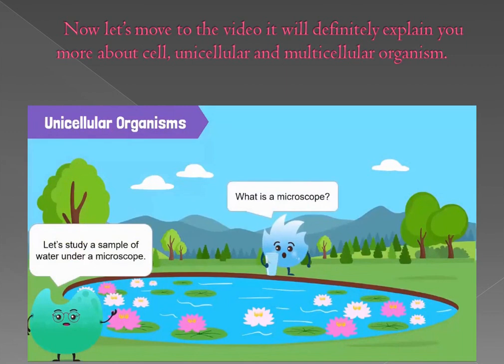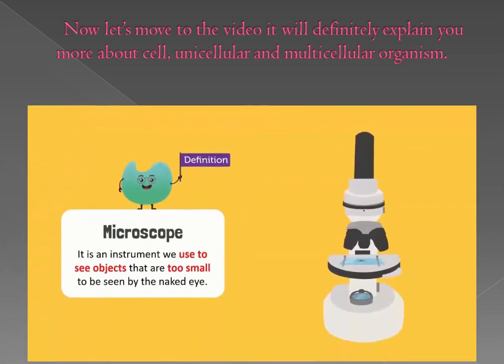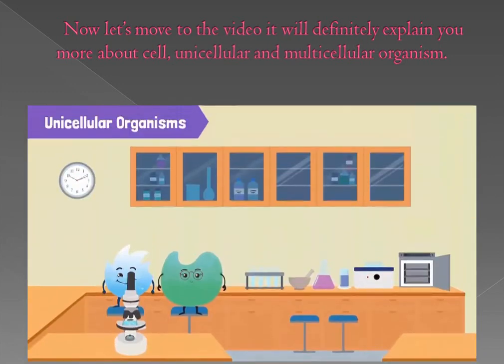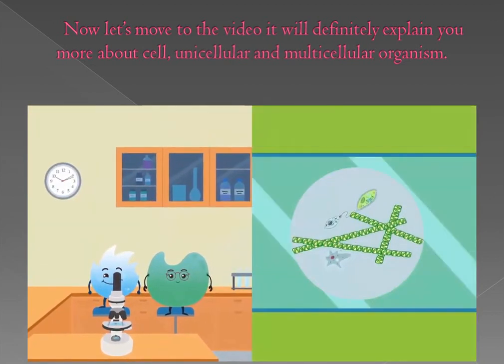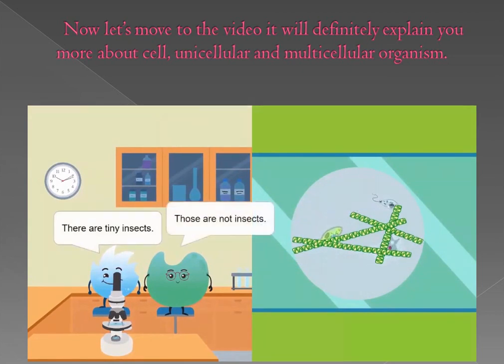What's a microscope? It's an instrument we use to see objects that are too small to be seen by the naked eye. So, Spiky, what do you see? Oh, there are tiny insects in the water. No, Spiky, those are not insects. They are unicellular organisms.